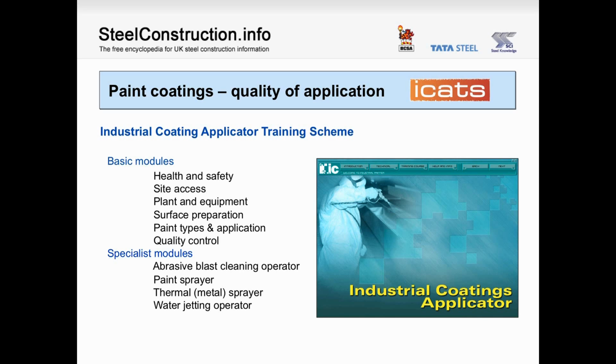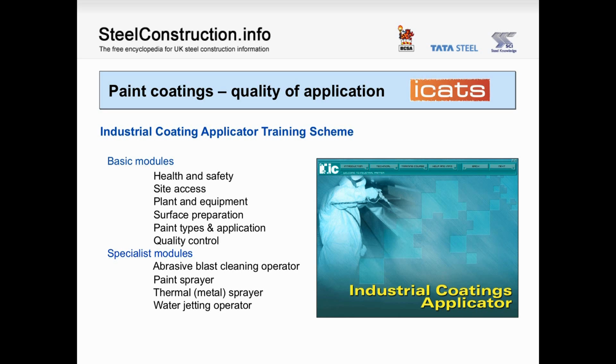ICATS is owned by the Institute of Corrosion and operated through Correx Limited, a wholly owned subsidiary of the Institute of Corrosion. The scheme has a mandatory basic unit, known as Industrial Coating Applicator, that comprises 6 modules: health and safety, site access, plant and equipment, surface preparation, paint types and application, and quality control.